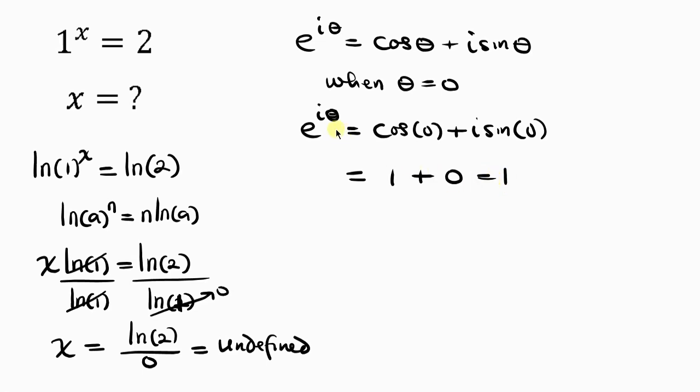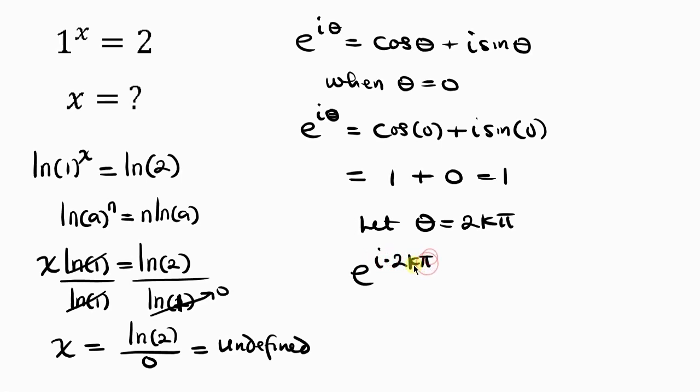Now, what if we have to replace theta with 2k pi? What if we said let theta be equal to 2k pi? So let's go back to what we have here. This is e to the i times 2k pi.